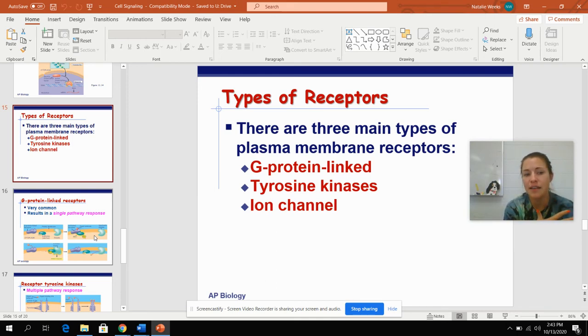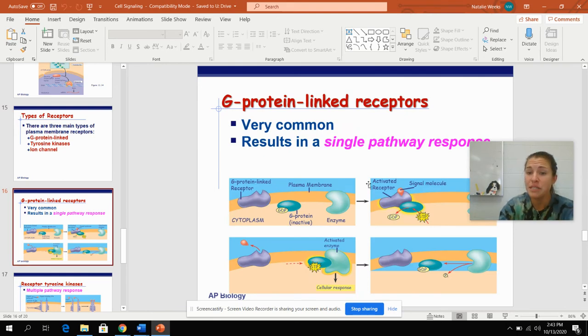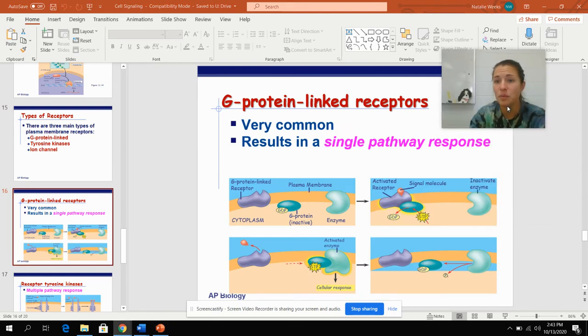Tyrosine kinase is a multiple receptor pathway. We're not really going to hit on that so much, so don't really worry about it. The G protein is the most common type, so we will be talking about this one. It's very common, and this results in a single response. Basically how this works is we have our G protein, and here we have our inactive G protein inside.